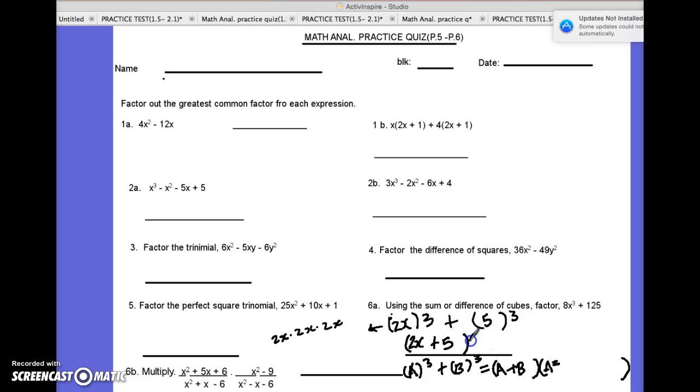Over here, I think I skipped this step in class, I'm going to put it in here. The a is 2x, so what should go here is 2x all squared.